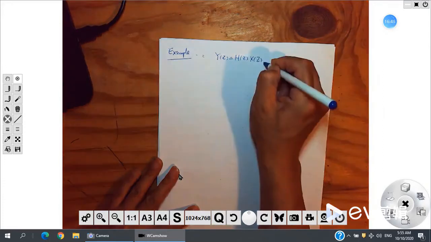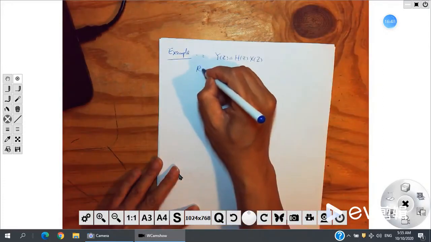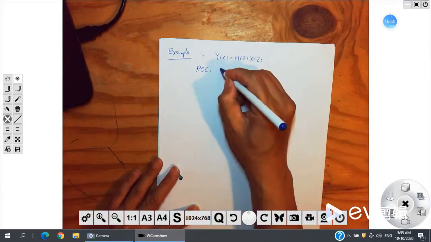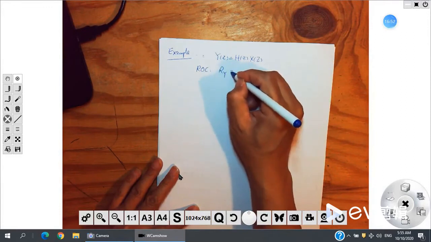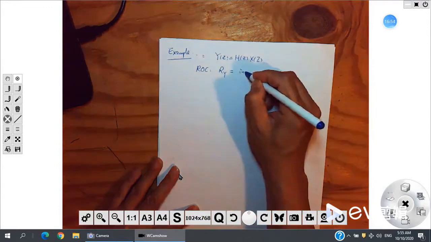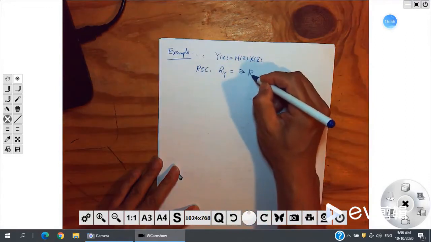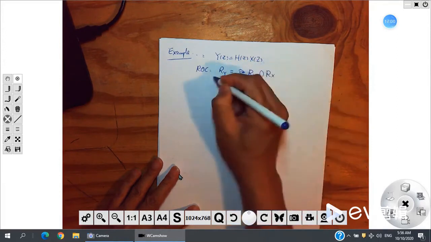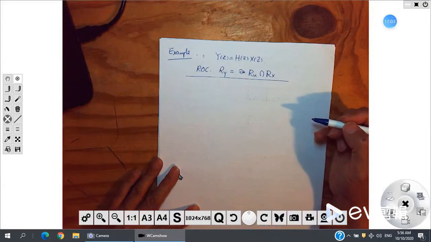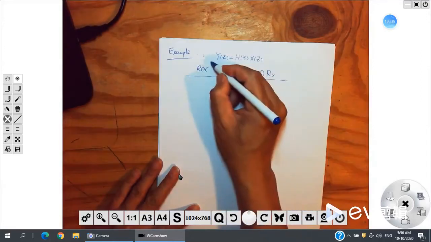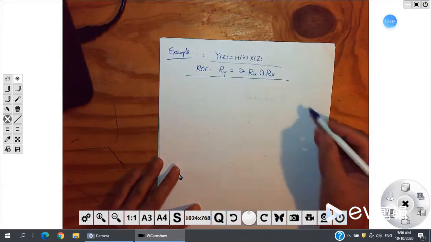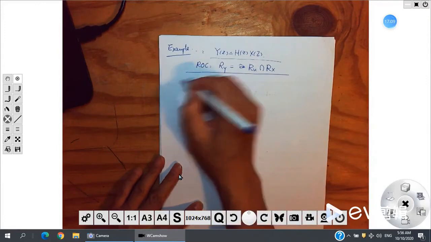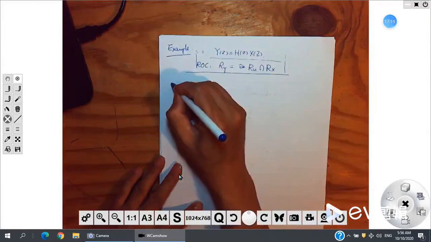We have this one, and then our RC of Y will be the intersection. We use RH intersection with Rx. So we have this one. All right. We apply these two. The question is like this.